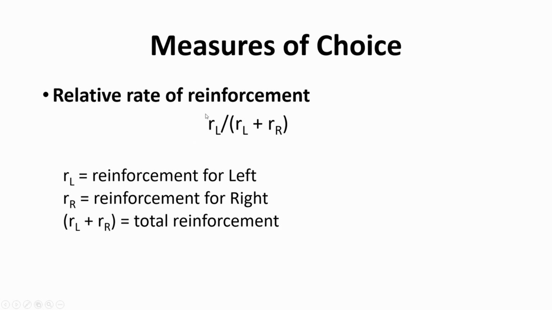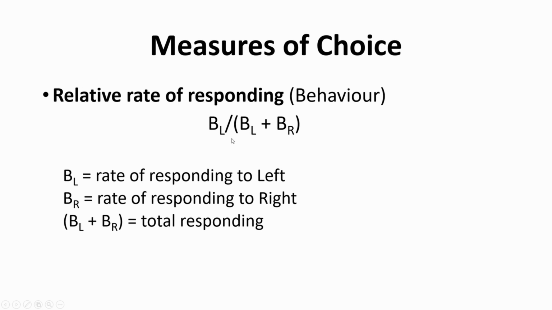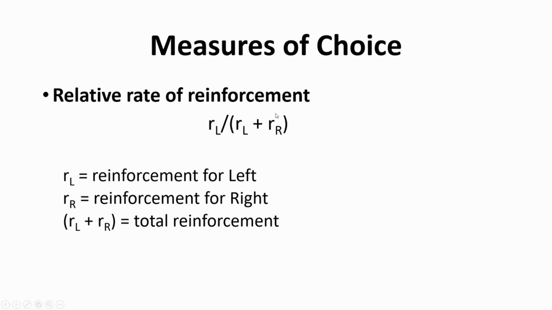So this is the rate of reinforcement for the left side divided by the overall total reinforcement, which is the reinforcement for the left and reinforcement for the right combined. Very similar to our rate of responding, but this time it's just looking at rate of reinforcement instead.